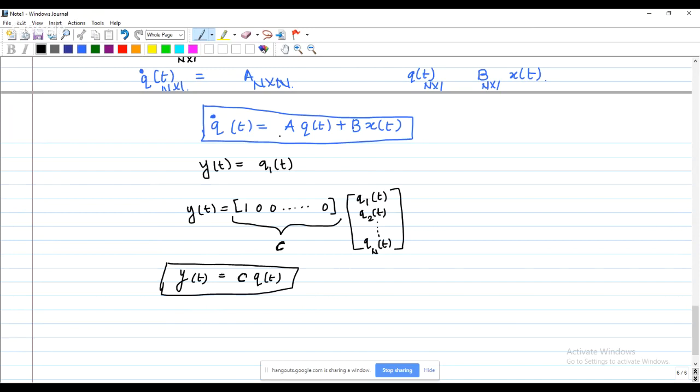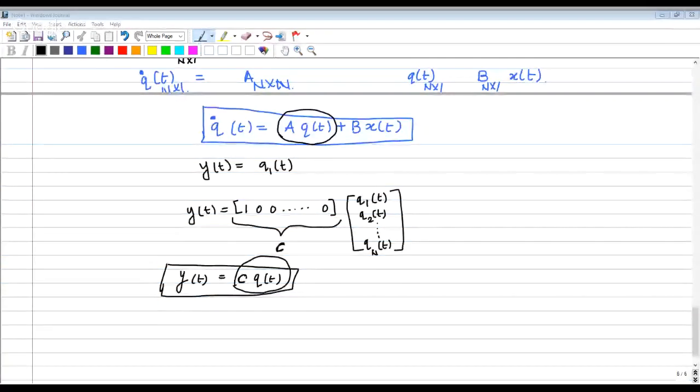Here the Q dot of t has one term which is A into Q of t. Similarly, in y of t we have C into Q of t. This is how it all works. Understood? Got it?